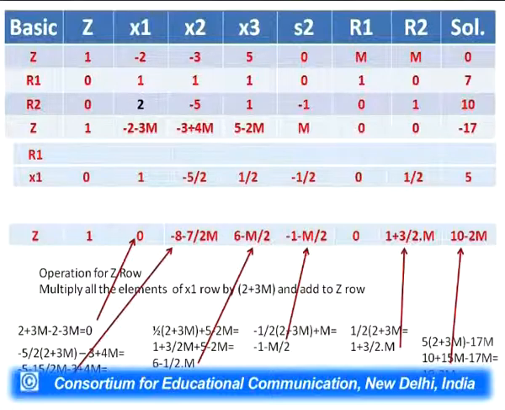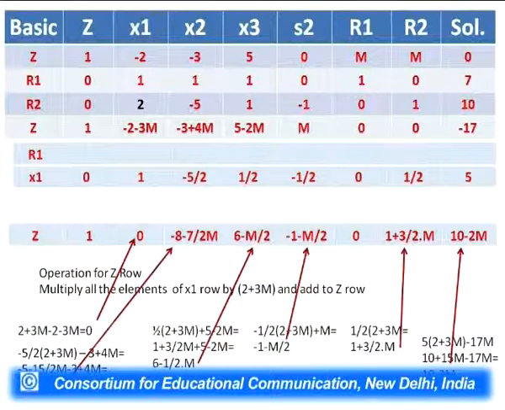Similarly, the value under S2 is calculated as minus 1 by 2 within brackets 2 plus 3m bracket close plus m equal to minus 1 minus m by 2. 0 under the R1, because its value is 0, 0 multiplied by 2 plus 3m is 0, when 0 added to 0 it is again 0.